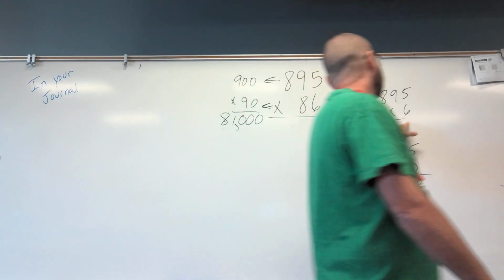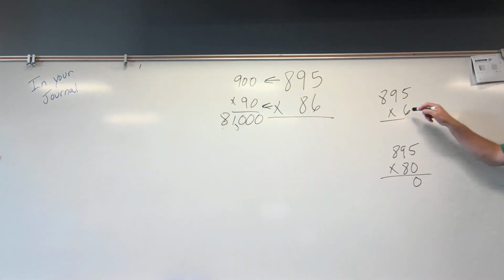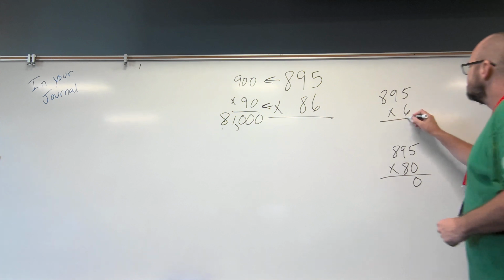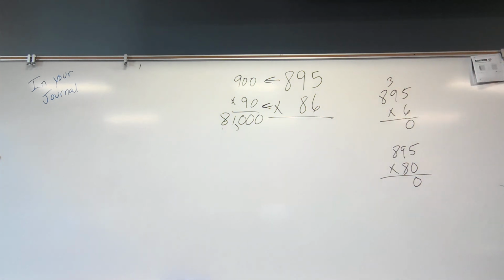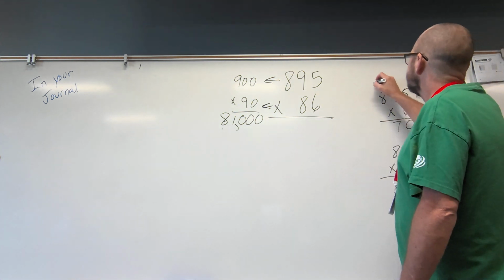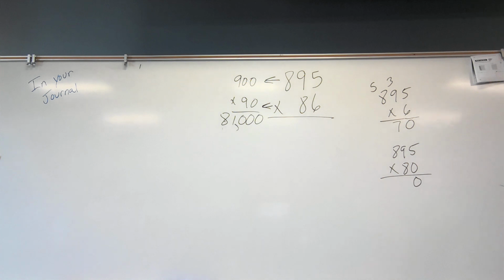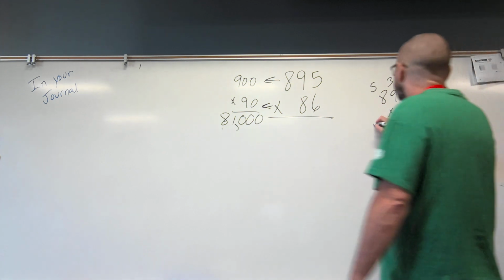Now I'm just doing my 895 times 6. So what is 6 times 5? 30. So we're 3 tens and 0 ones. What is 6 times 9? 54. Plus the other 3 tens, 57, which is 57 tens, or 7 tens and 5 hundreds. 6 times 8, 48, plus 5, 53.